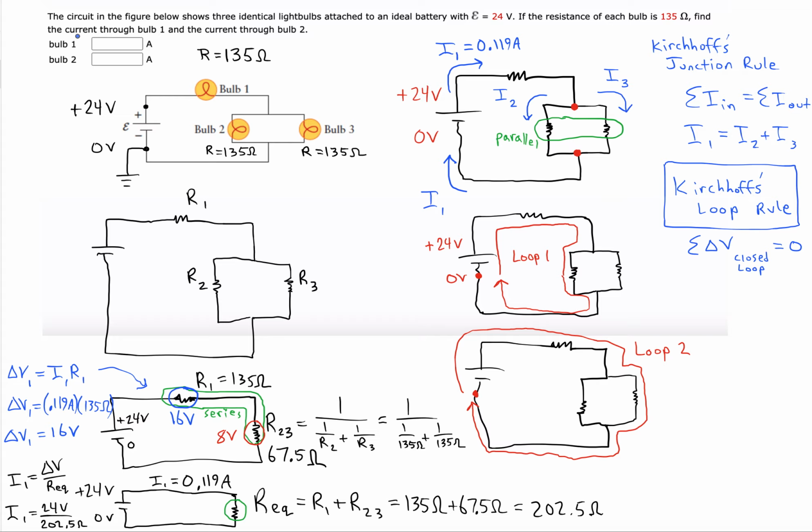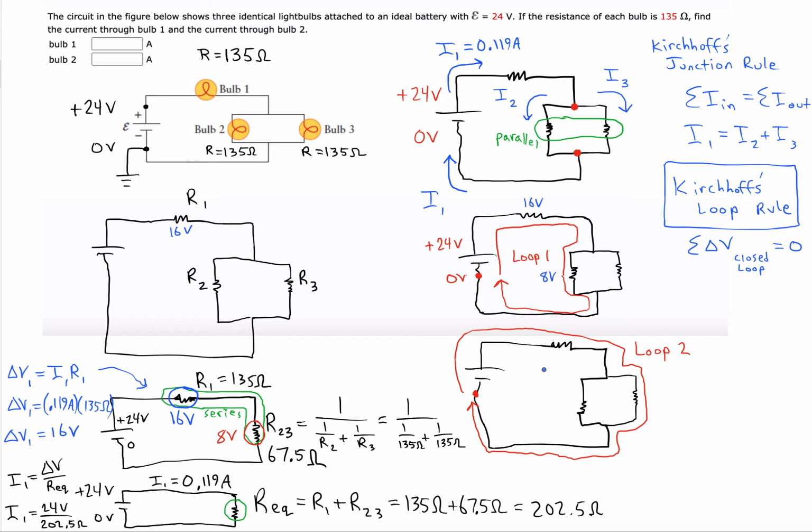All right, so now we can go back and just start to fill some of these things in. It's a 16 volt drop here. According to the loop law now, what is the voltage drop in bulb 2 and 3? Well, let's check it out. You have 16 volts lost in this resistor. In any one loop, you have to lose it all, right? So how much voltage is lost in R2? It has to lose 8 volts.